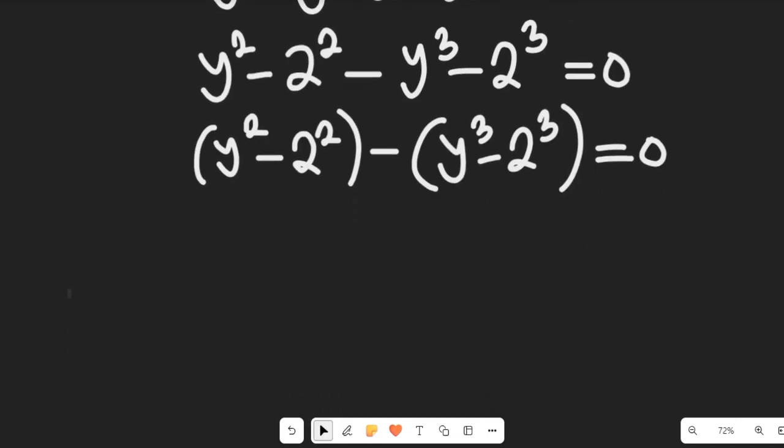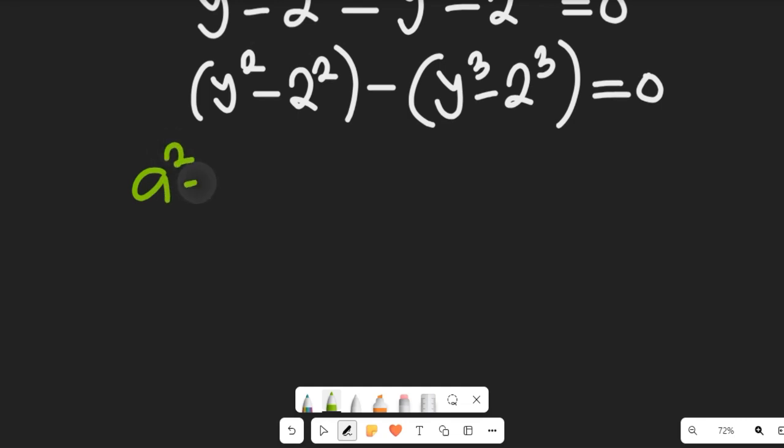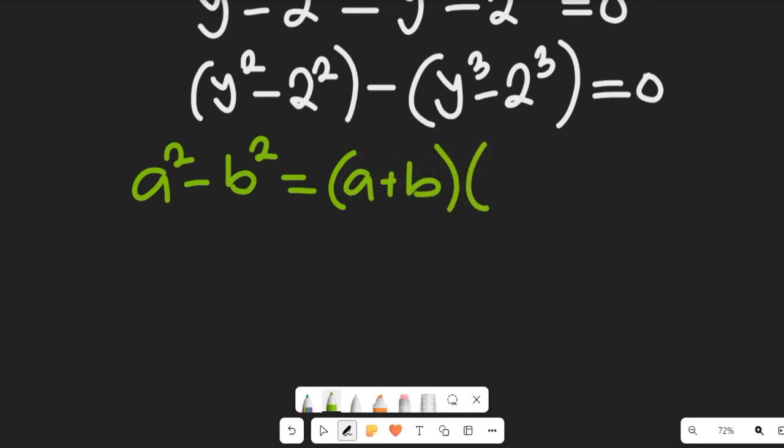Now, merely looking at these two different parts, you come to see that it reminds us of two algebraic formulas. The first one is the difference of two squares. If we have a to the power of 2 minus b to the power of 2, this will definitely be a plus b, right? Multiplied by a minus b. Good.